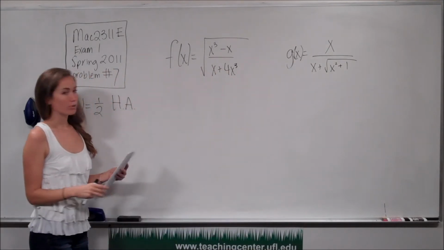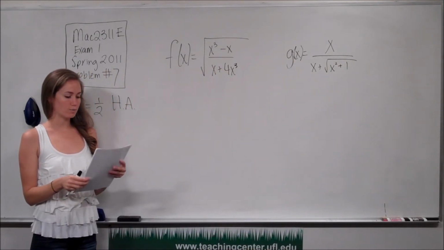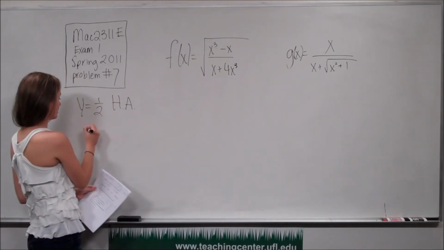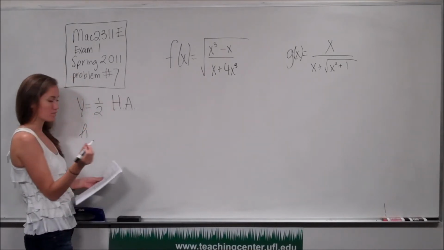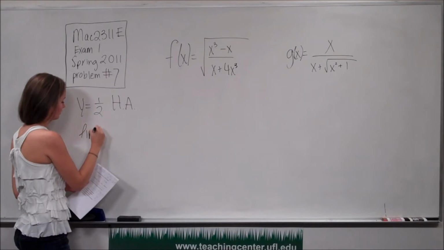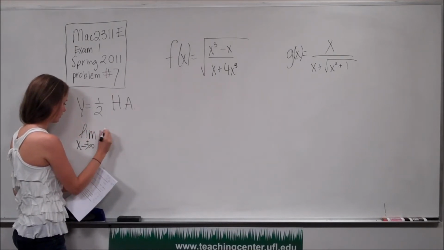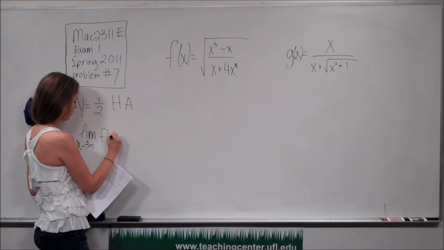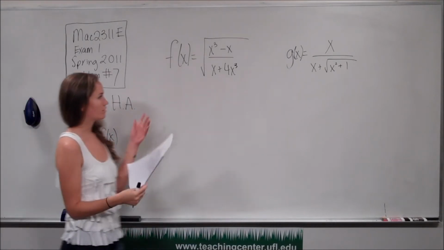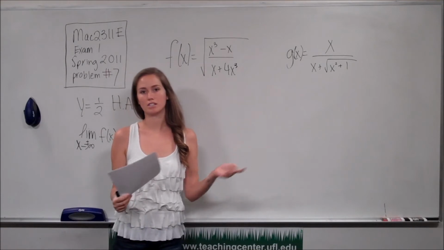When we're dealing with horizontal asymptotes, we have to solve for the limit as x approaches positive and negative infinity of the function. We're going to have to solve the limit for both of these.